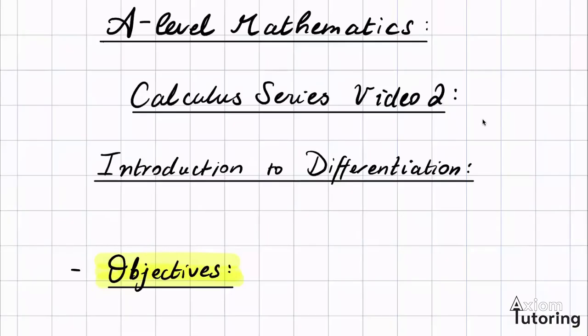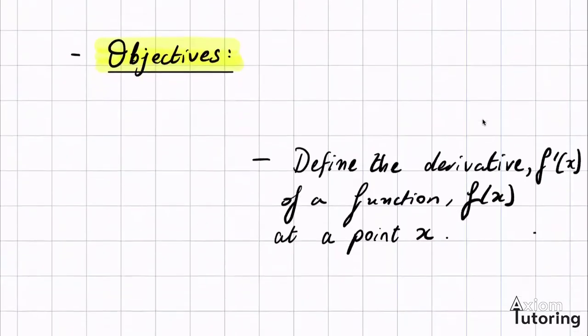This video will be a brief introduction to differentiation. So our objectives for this video are to give a definition for the derivative, which we're defining as f dash of x, of a function f of x at a point x. So at this stage, we're not concerned with calculating the derivative itself.